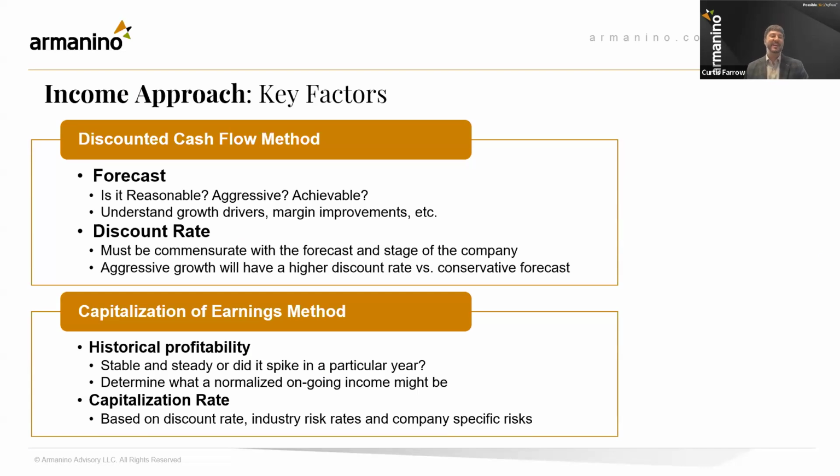All good. So this will summarize some of the things that I was describing, and for those that are a little more visual than audio, it'll help get those concepts synced in a little bit. To do the discounted cash flow forecast, you really do need the forecast, and there's rigor put around how reasonable it is.